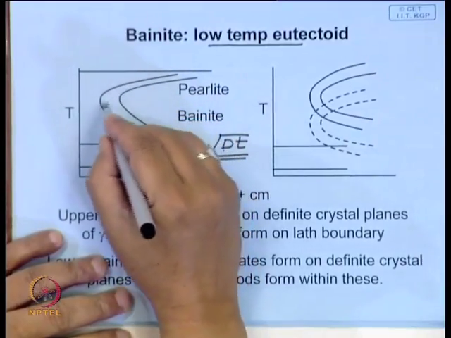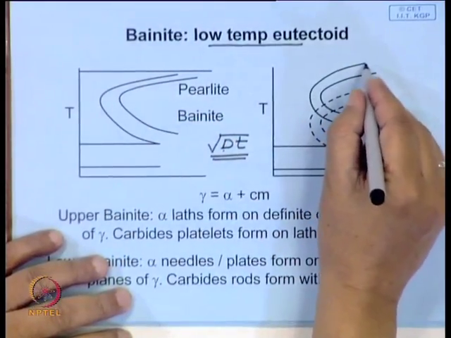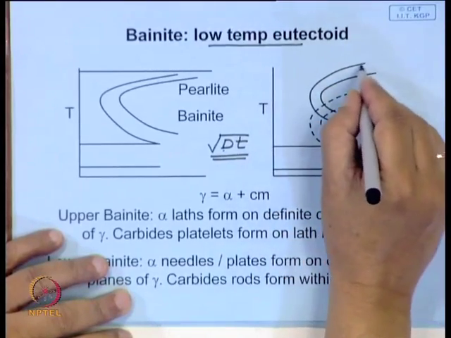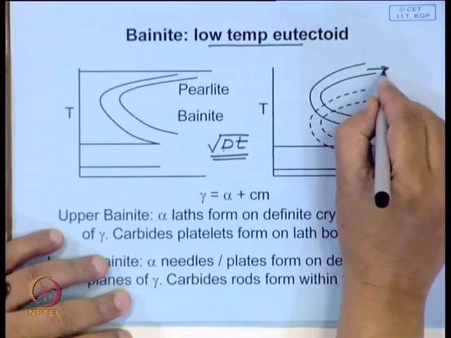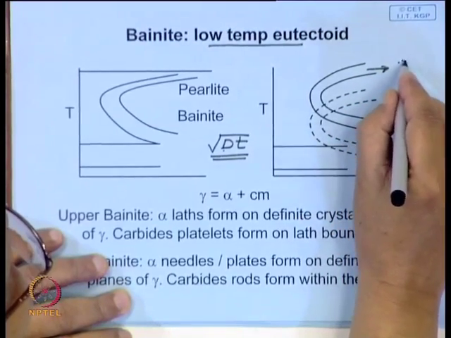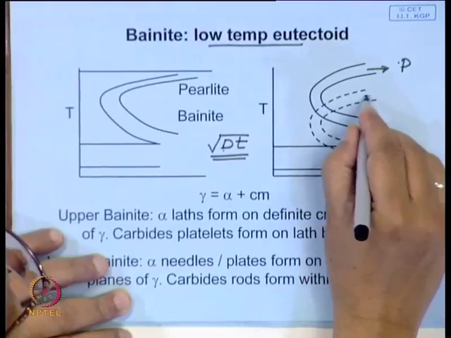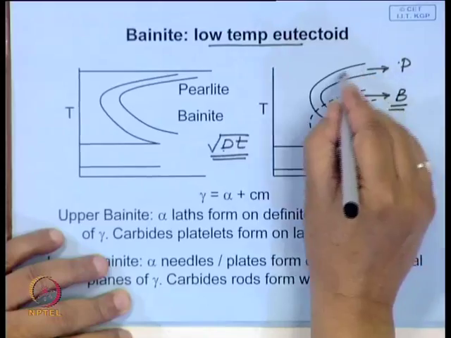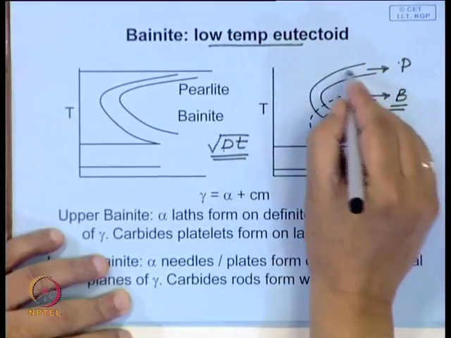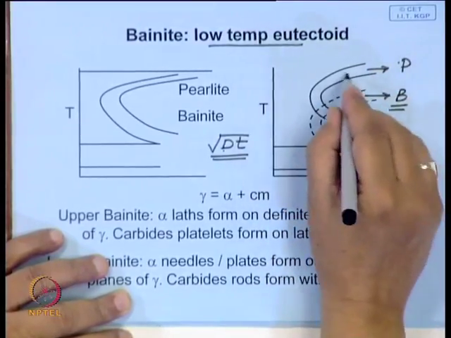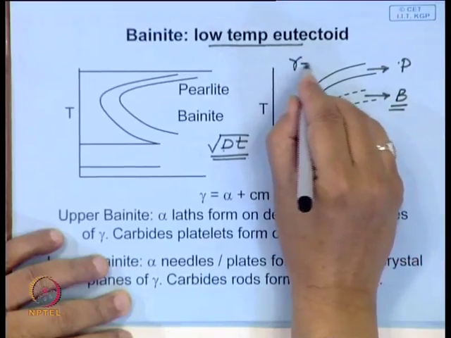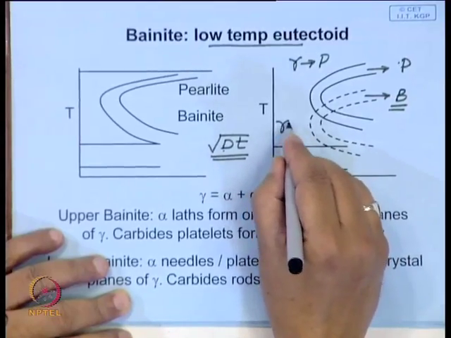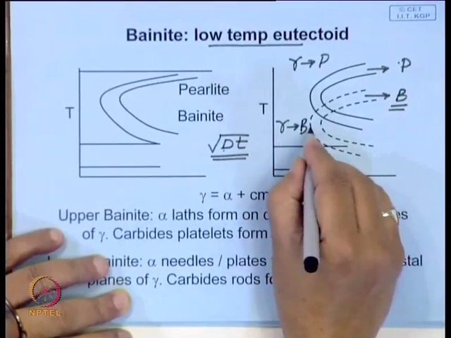One can actually visualize that you have two sets of C curves. This is the set of C curves for pearlitic transformation, representing isothermal transformation decomposing austenite into pearlite. You have a similar C curve for decomposition of austenite to bainite, which is this.